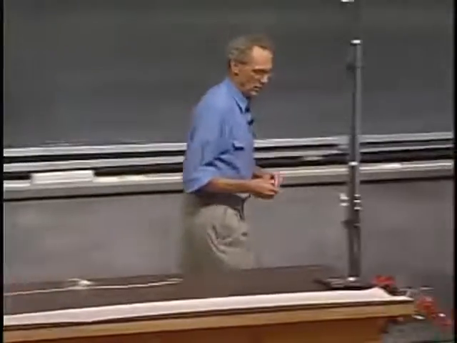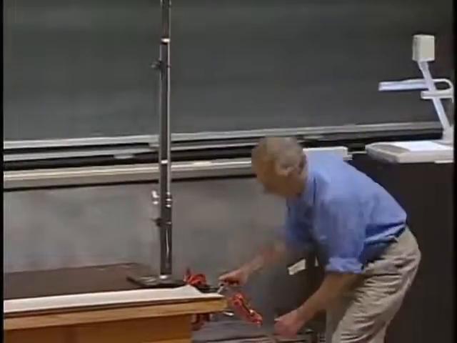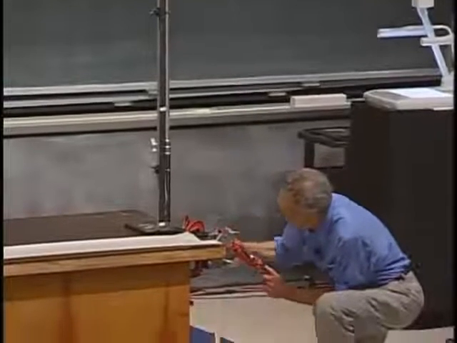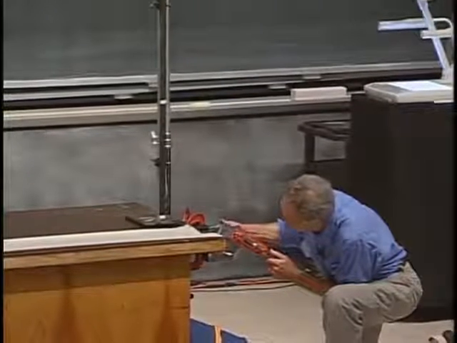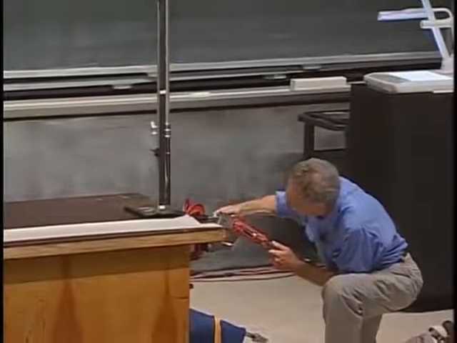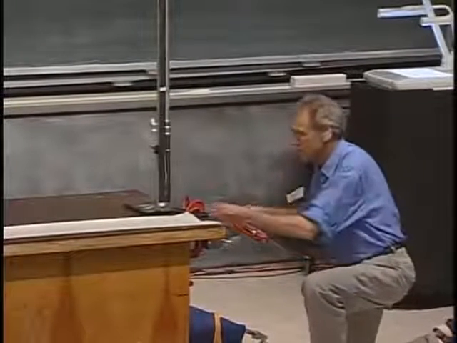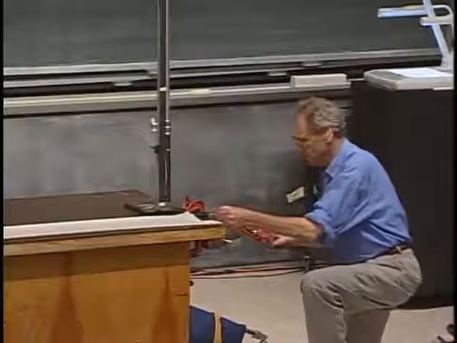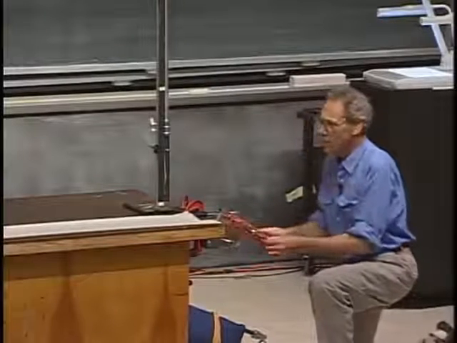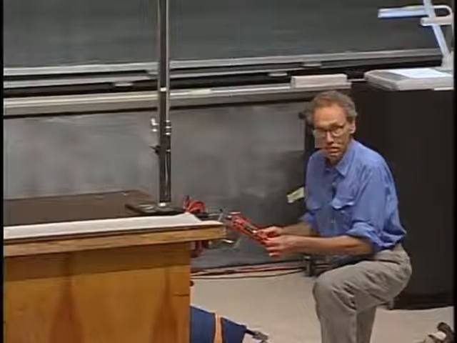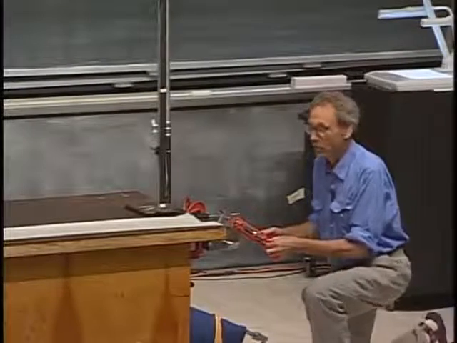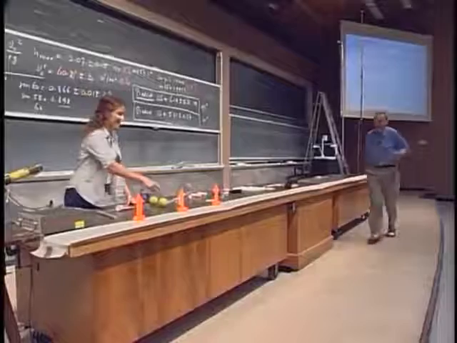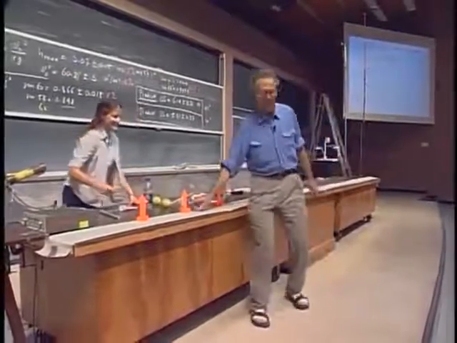And now I have to change the angle to 30 degrees. Okay, it's as close as I can do it. Okay, you ready? You are? 3, 2, 1. Hit the jackpot!